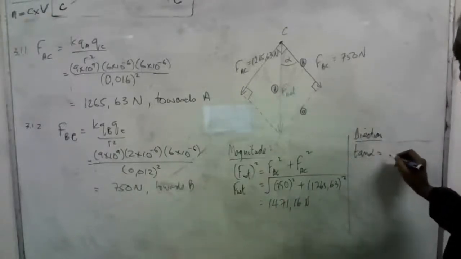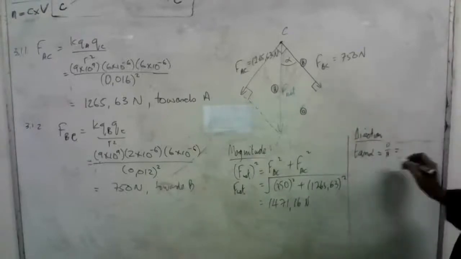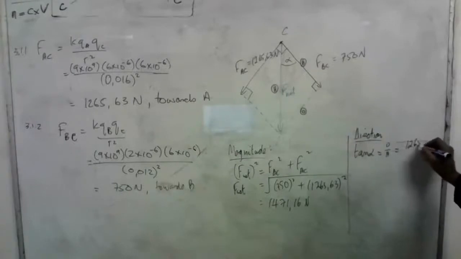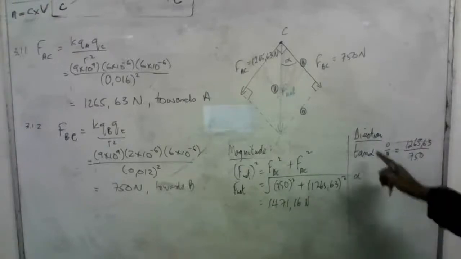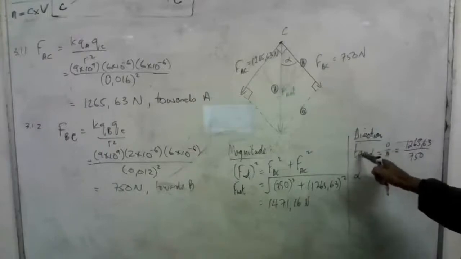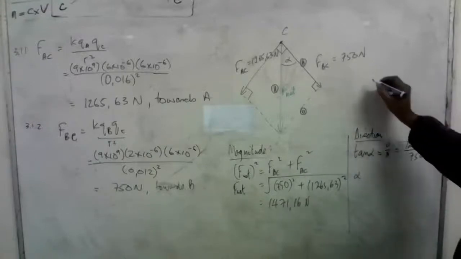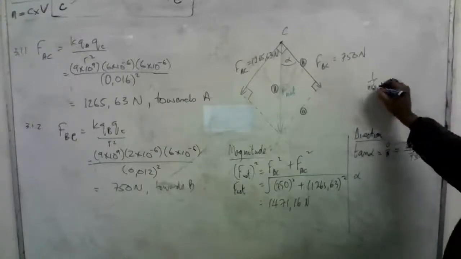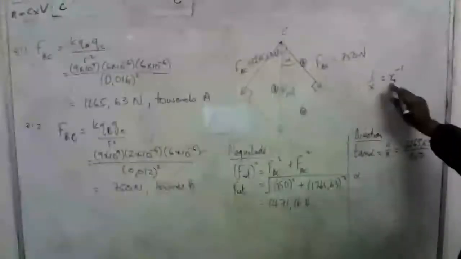So tan alpha will be opposite over adjacent. What's the opposite? 1265,63 divided by 750. But we want to find alpha, which means that tan must then be divided. So if tan goes to the bottom, now remember from mathematics, 1 over x is x to the minus 1.